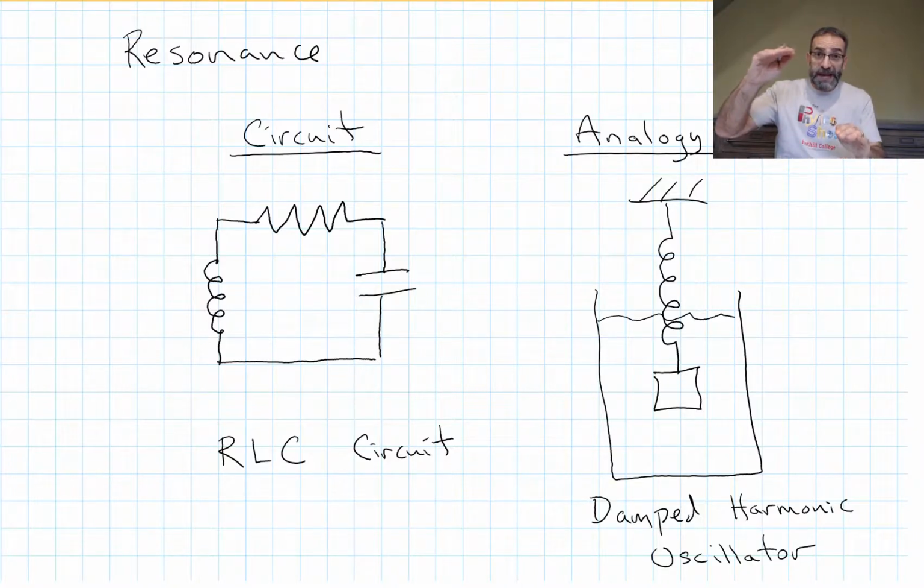But now the capacitor doesn't have quite as much charge on it as it did before, because the resistor dissipated a little bit of energy as heat. And every time you go through a cycle, the amplitude gets a little bit less, and eventually we have no more current, no more energy stored in this system.